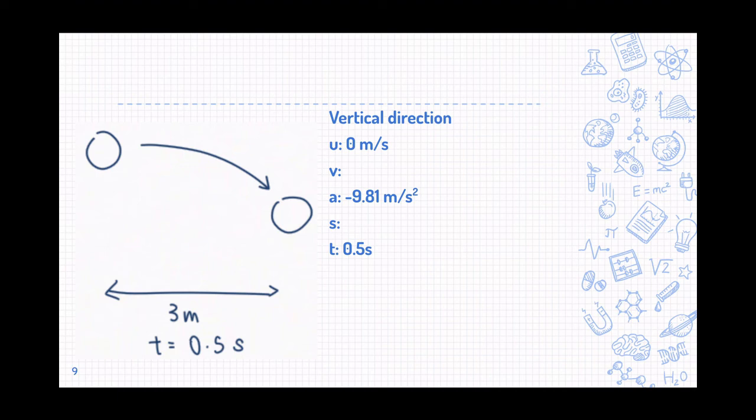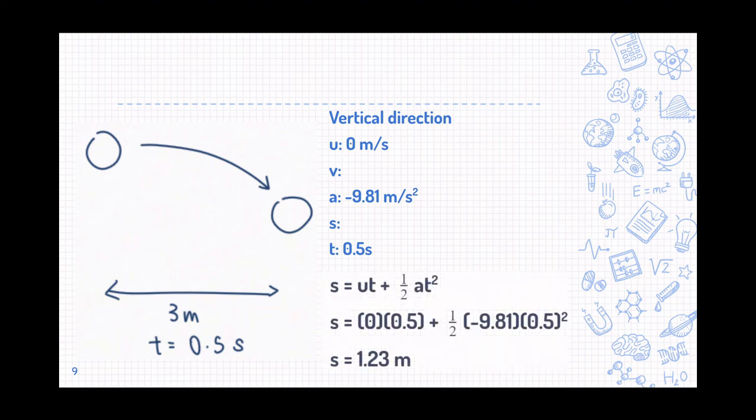And we are given that the time taken will be 0.5 seconds. And we are looking for the vertical displacement. With these variables in mind, we can use the second kinematic equation to solve for vertical displacement. The ball will travel 1.23 meters downwards.